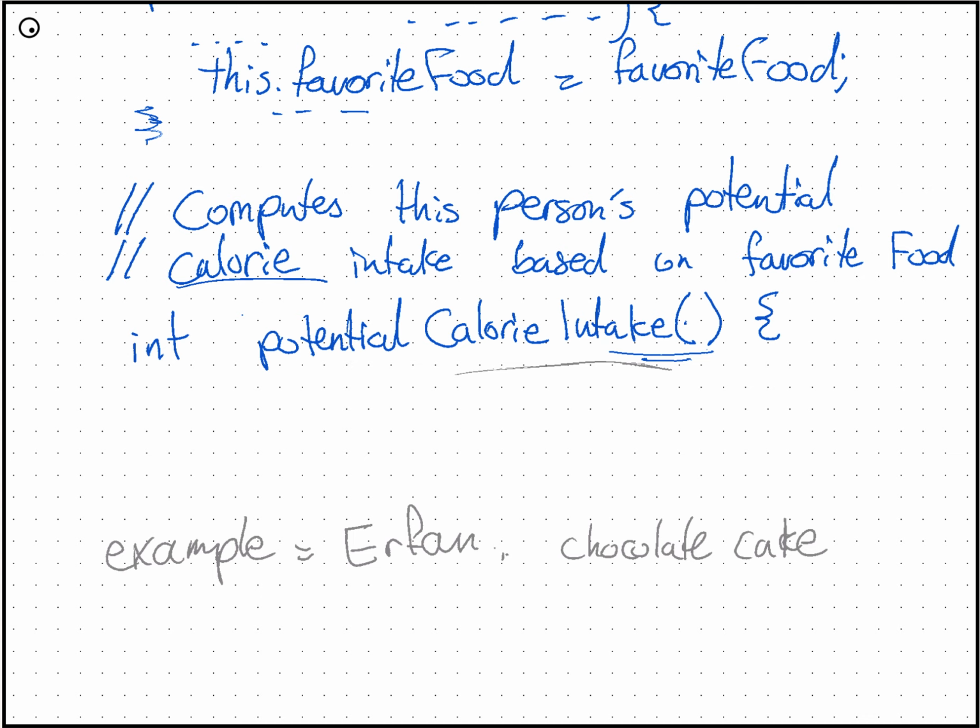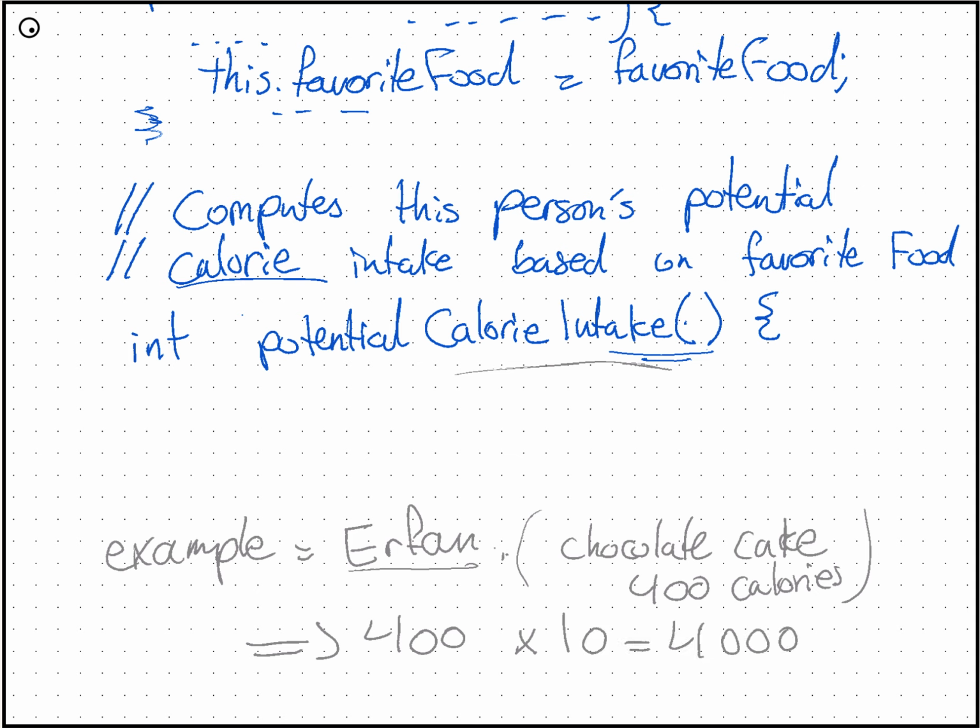Depends on the cake, but I think 400 calories, maybe. Nice. Okay, 400 calories. So if I invoke this method on you, it should return what? 400 times 10, as Dr. Sarah said, right? Yes, exactly. So your daily calorie intake is roughly about 4,000 based on this method. Okay, good job there.